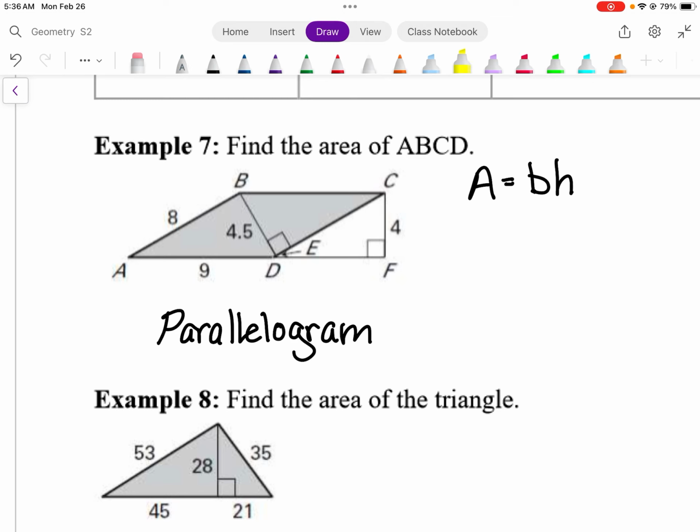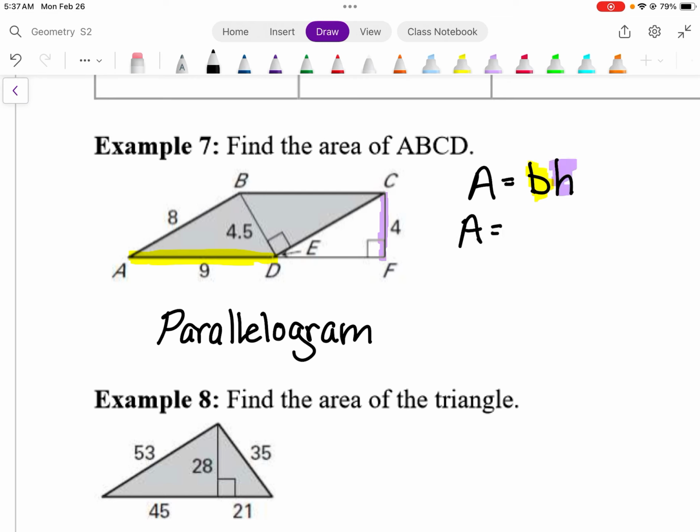So if we look at this one, the base is just going to be the length of the shaded part. So that one is going to be 9. And then our height is going to be the vertical height, which is 4. Now the 4 is not inside of the shape, but it's still telling us the height of the parallelogram. So it is okay to use that in our area formula.